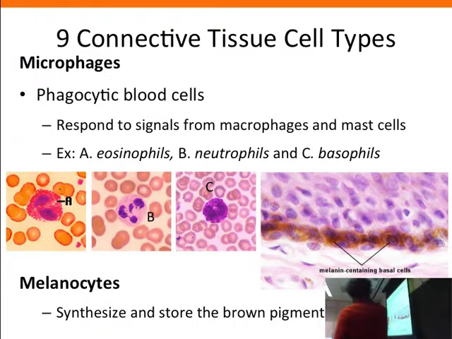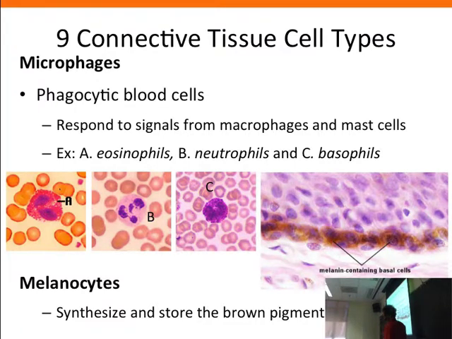Microphages. So, similar to macrophages, but they're small. They're phagocytic blood cells that work in coordination with macrophages and mast cells when there is some sort of problem. For example, eosinophils, neutrophils, and basophils. This is another type of white blood cell.